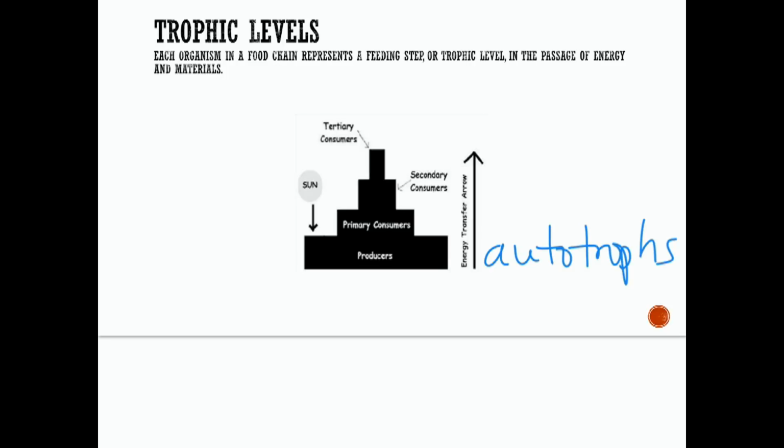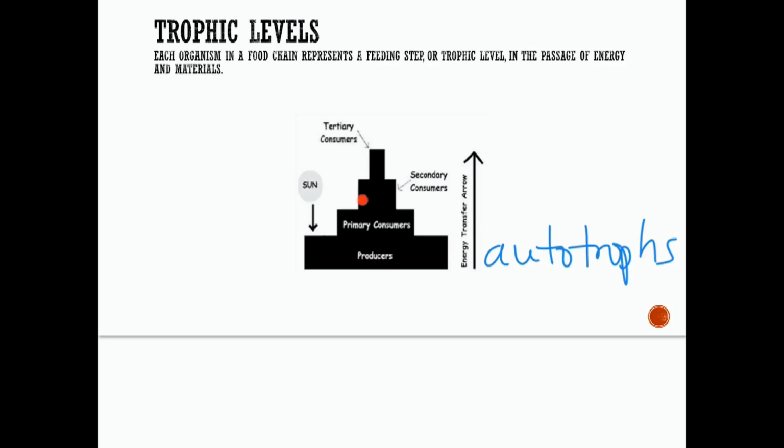The energy from the plant is transferred to the primary consumers because they eat the plant, all right? Like a grasshopper, okay? So the grasshopper would be the primary consumer. Think, it's the first thing to eat it, so primary first. All right, the energy from the grasshopper is transferred to the secondary consumer, because they eat the grasshopper, like frogs.